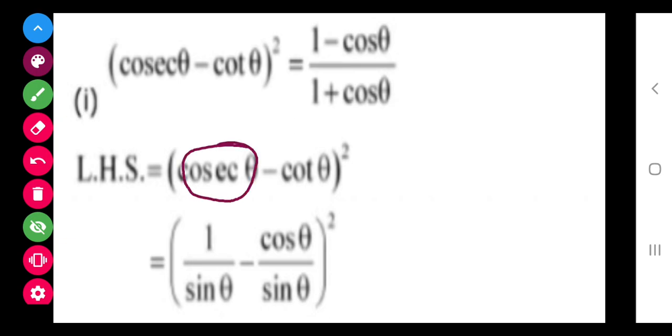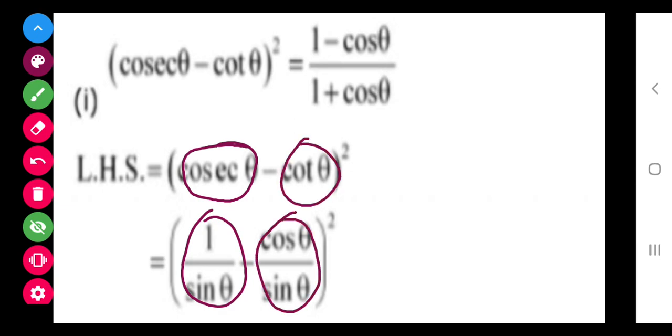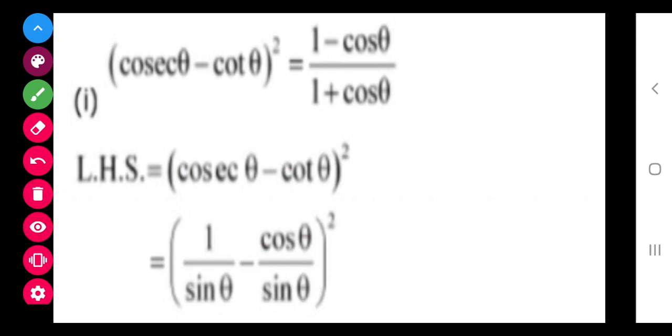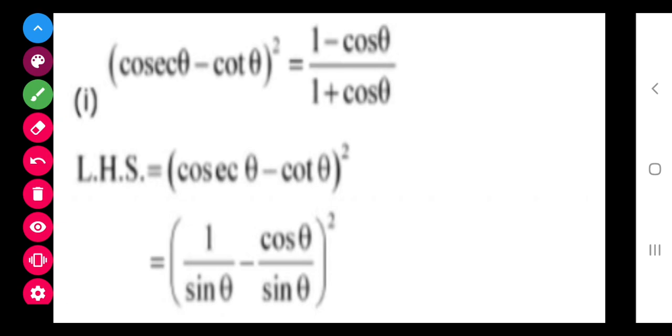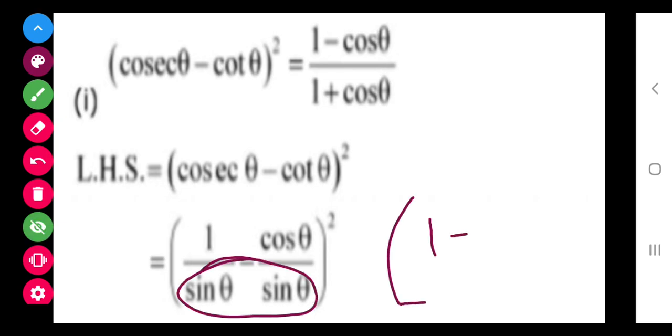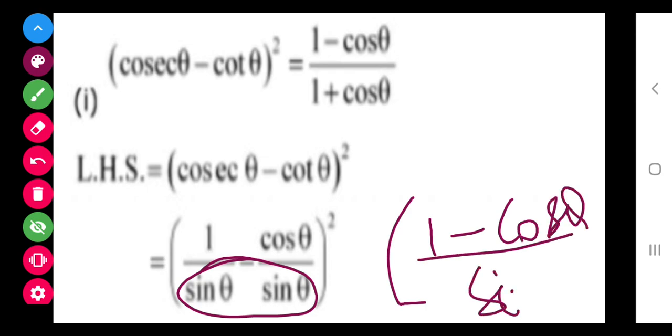So cosec theta can be written as 1 upon sine theta, and cot theta can be written as cos theta upon sine theta. So that is the basic trick. After that, taking the LCM, it will come as (1 minus cos theta upon sine theta) whole square.